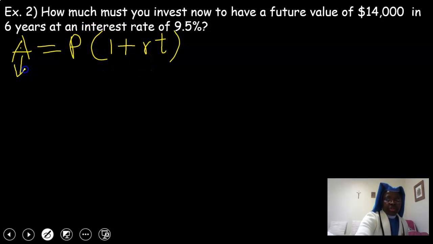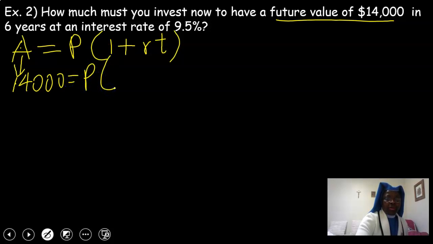So substitute. The future amount is 14,000, and then the principal P we are looking for times 1 plus, and here we're going to have the R, but this R and T are multiplying themselves, so make sure you follow the order of operations. It's helpful to use parentheses all the time.